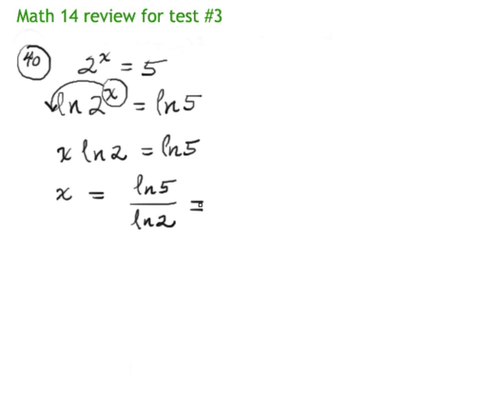And we'll just look up these values on our calculator. Okay, so we have, let's see, ln 5 is 1.609. And then let's do ln 2 is 0.693.